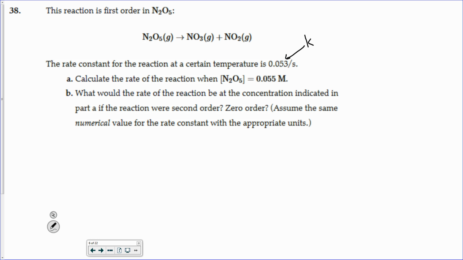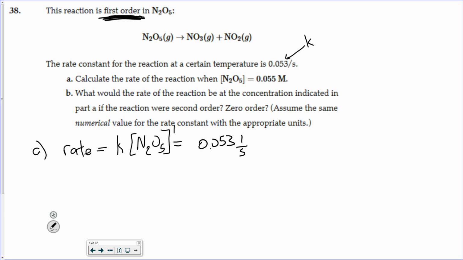Well, let's just start with A first. The rate is going to equal K times the concentration of the N2O5 raised to the power of the order. Now, we've got to read the problem and recognize what it tells us. In the wording, it tells us that it's first order. So I know what that number is, and I don't have to solve for it. All I have to do is plug K in.